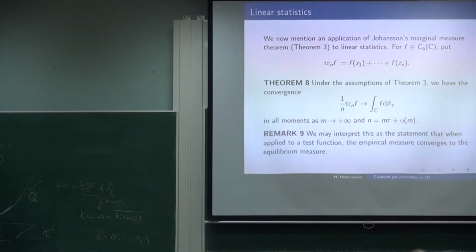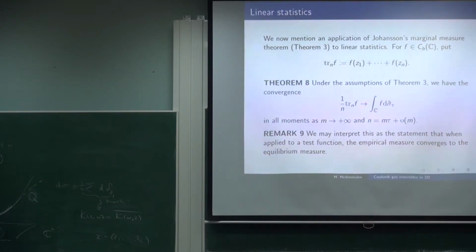What are linear statistics? Well, you take a bounded continuous function f, and you just form the sum of the values at these points z1 through zn. Now remember that z1 through zn are points selected given by this probability distribution which I told you about. So we're interested in understanding the behavior of this so-called trace, or samples.